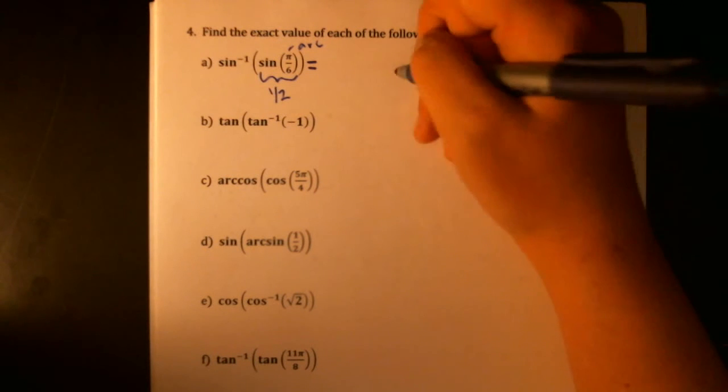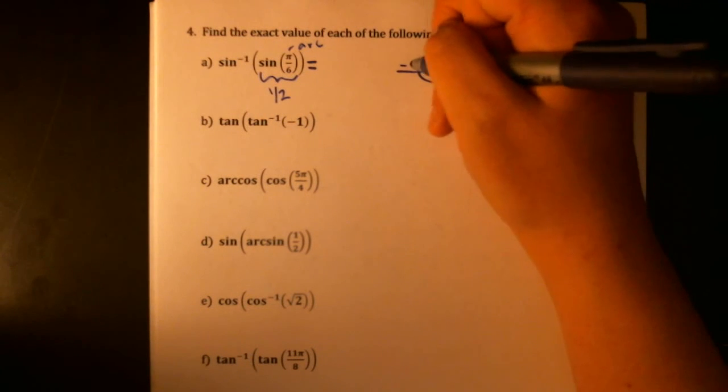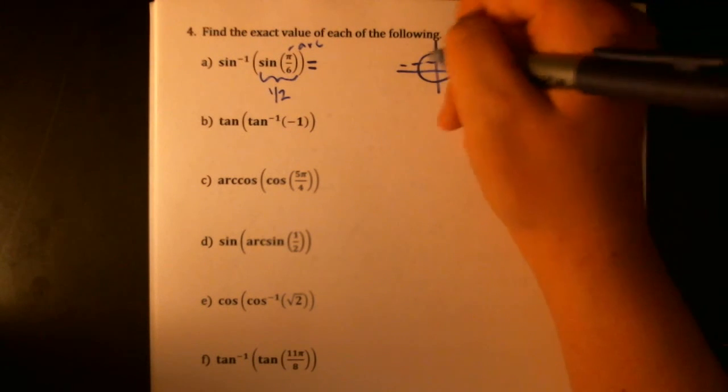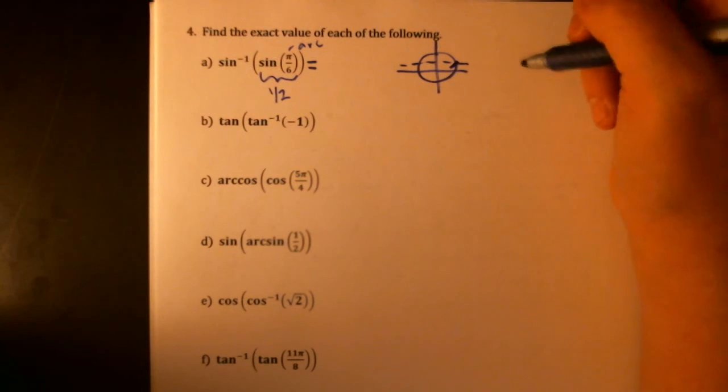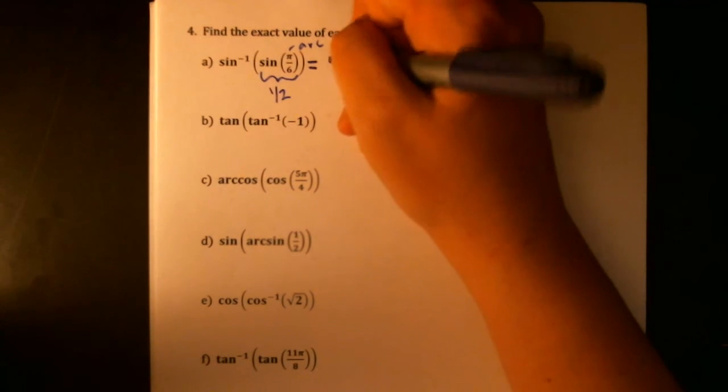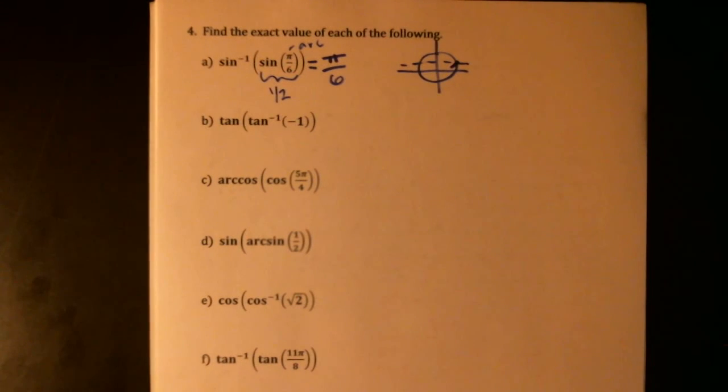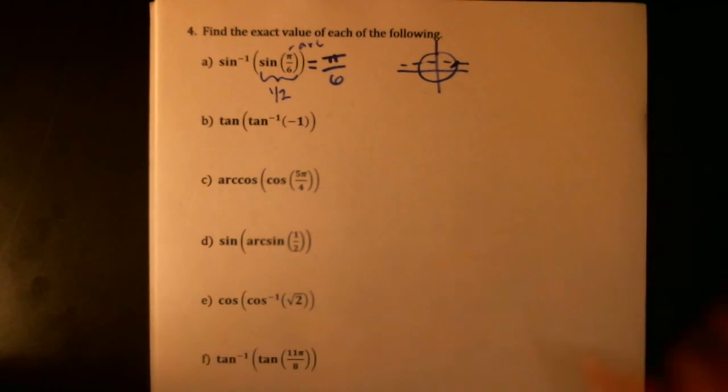So if my y value is 1/2, and I'm choosing the point on this side, what is my arc length? And it is in fact pi over 6. So it does work as expected here. When you compose a function and its inverse, you should get back what you started with. But again, there can be exceptions to this when we violate domain restrictions and things like that.